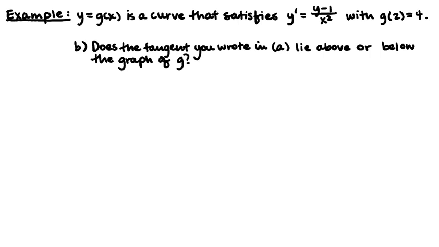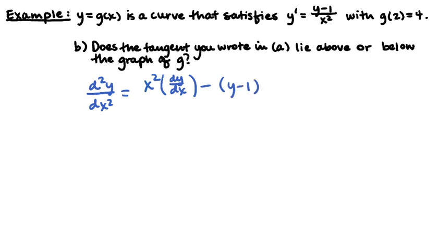So I'm going to take the derivative of y prime. So the second derivative of y with respect to x both times is going to be, I'm going to use the quotient rule: bottom times the derivative of the top, minus the top times the derivative of the bottom, divided by the bottom squared.